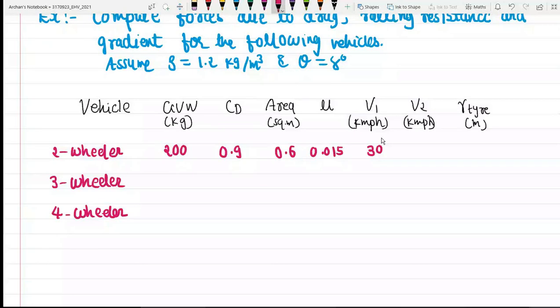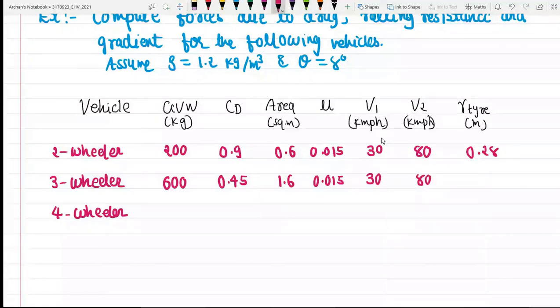For three-wheelers, these parameters are: weight 600, CD 0.45, area is 1.6, mu is the same 0.015, velocities 30 and 80, radius is 0.2. And for the four-wheeler the gross vehicle weight is 1500 kg, drag coefficient is 0.3, area is somewhat larger, 2.5 square meter, mu is the same, velocity remains the same, and tire radius is 0.3 meter. Okay, so these are the data given to us.